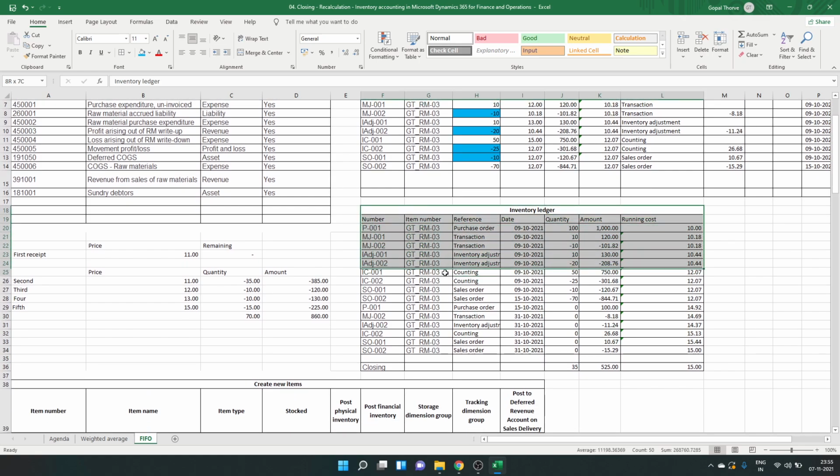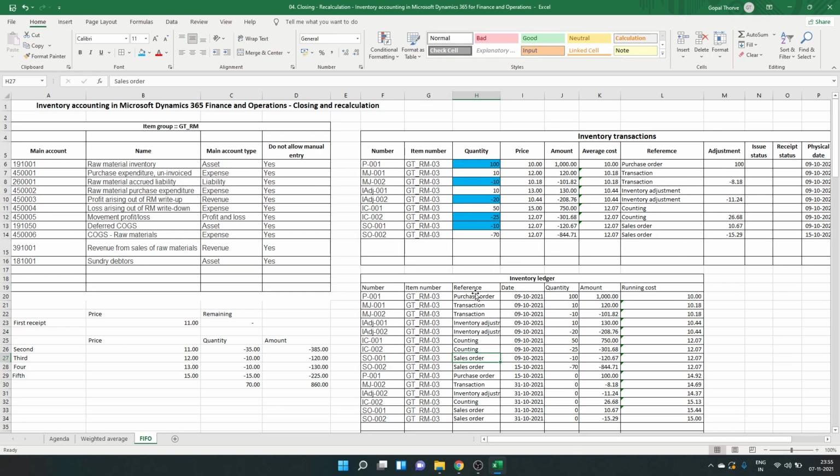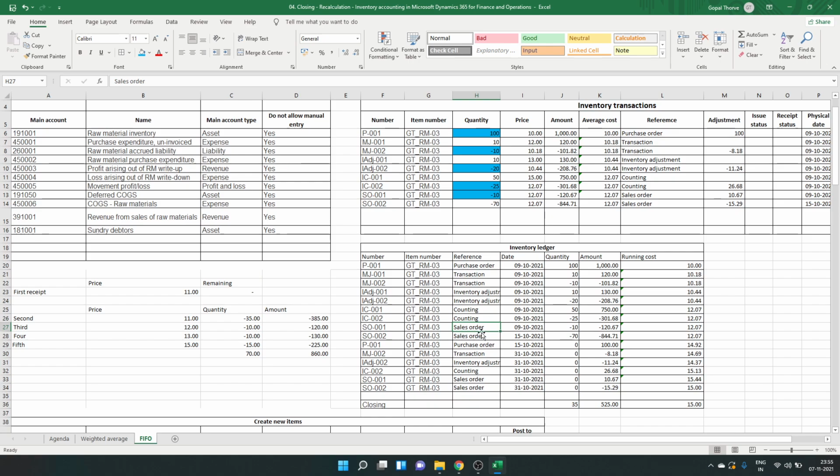Here this is the inventory ledger for this particular item, GTRM03. The closing stock is 35 quantity and the amount is 525, which is valued at 15 rupees. So in settlement, the last receipt transaction, which is not fully settled, is valued at 15. So my closing stock is valued at the last receipt transaction.